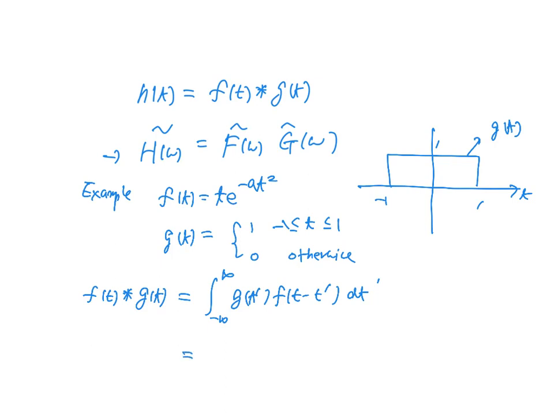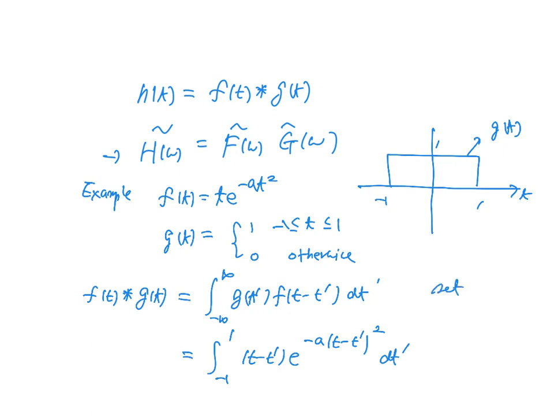Then the integration is from minus 1 to 1 of e^{-a(t - t')^2} dt', right?